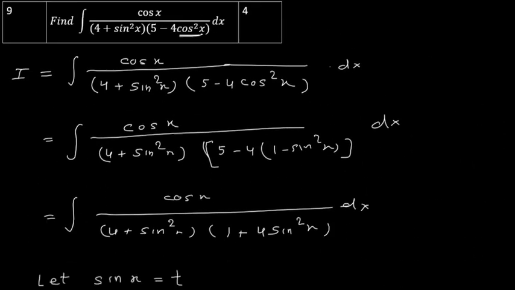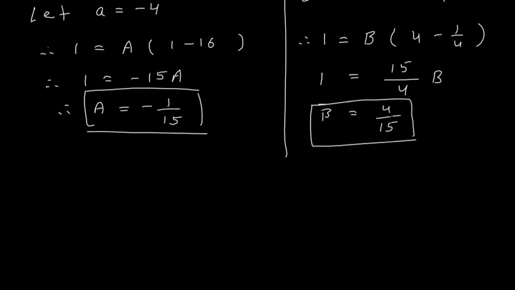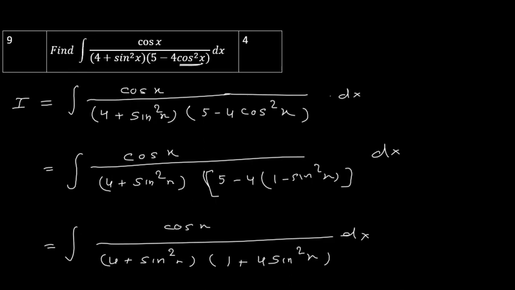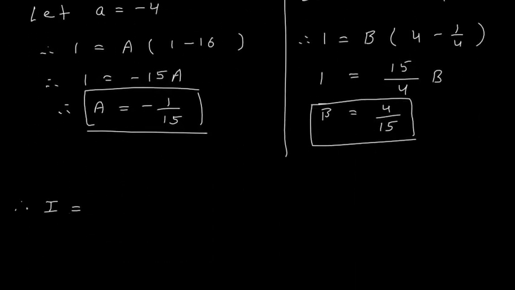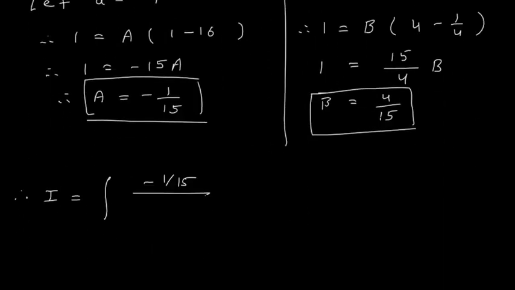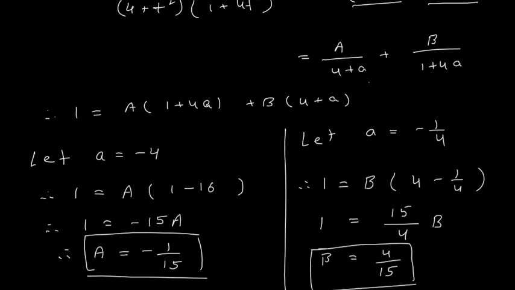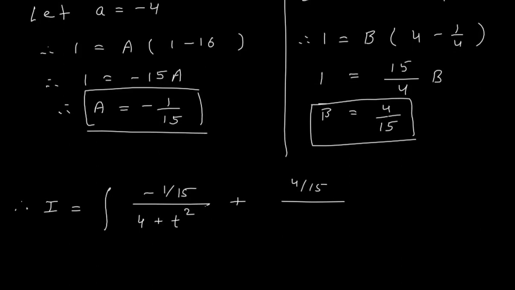Therefore the value of the integration I is equal to a upon (4 plus t square), that is minus 1 upon 15 whole divided by (4 plus t square), plus b upon (1 plus 4t square), that is 4 upon 15 upon (1 plus 4t square), into dt.